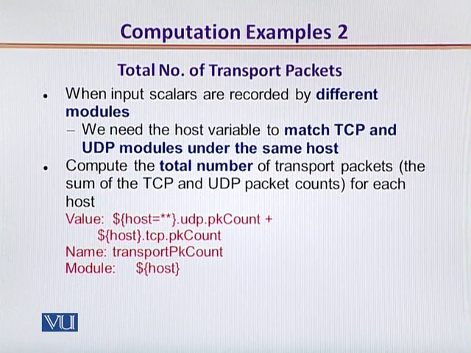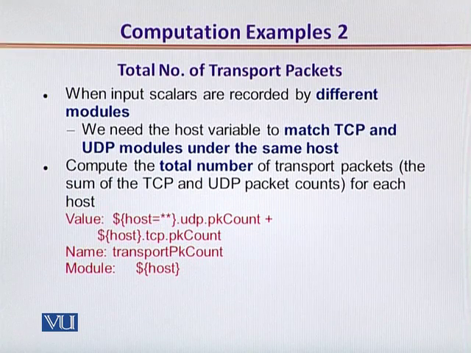If you want to determine the total number of transport packets in a network, what we are interested in is any transport packet, including both TCP and UDP. So here, in the value section, we are going to determine a sum of these: the sum of the UDP packets which are counted and the TCP packets which are counted.